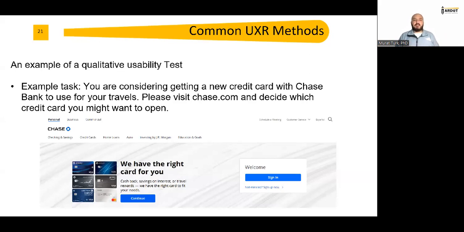You are considering getting a new credit card with Chase Bank to use for your travels. Please visit chase.com and decide which credit card you might want to open. And then the participant just goes to the homepage and starts completing this task.